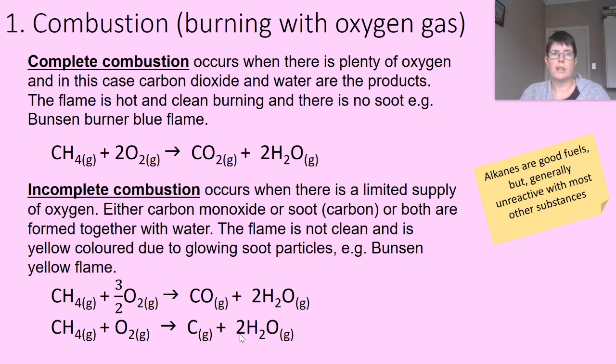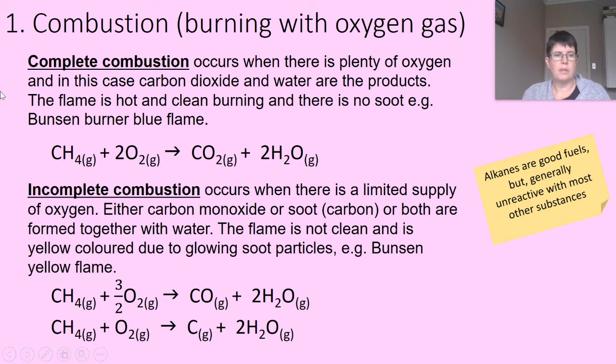So the first reaction that alkanes undergo is combustion. Combustion is burning with oxygen gas. Complete combustion is when there's plenty of oxygen, and in this case, carbon dioxide and water are the products. The flame is hot and clean burning, and there is no soot. The example would be the Bunsen burner blue flame.